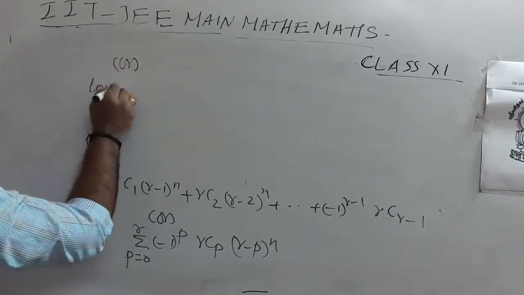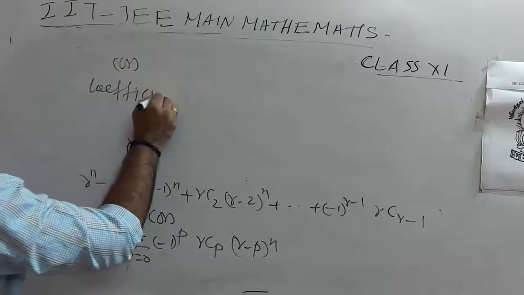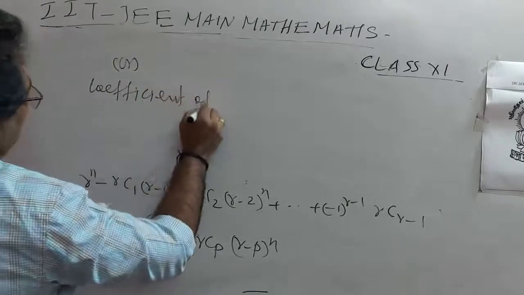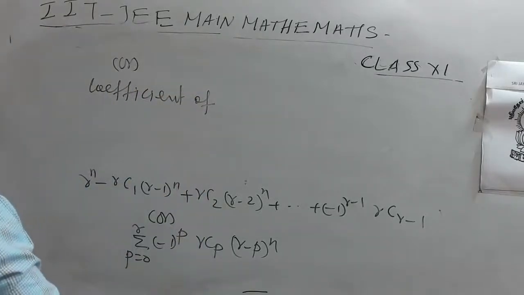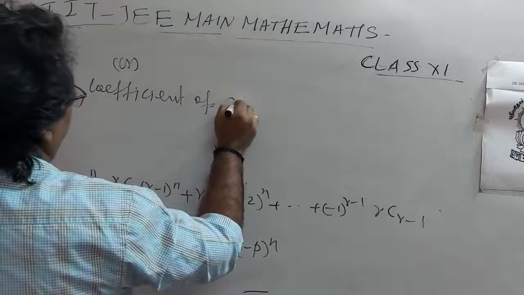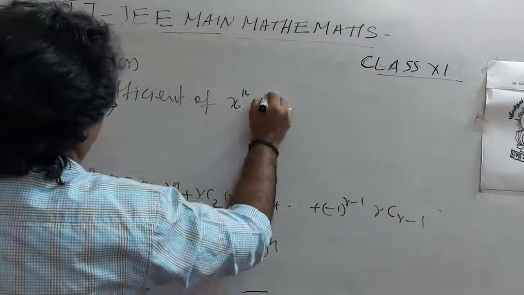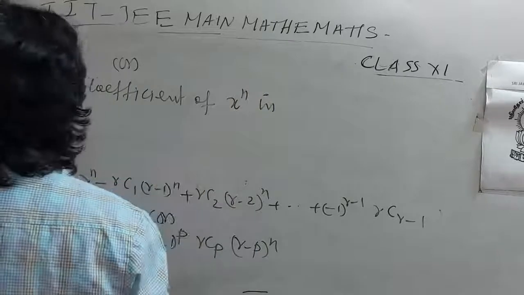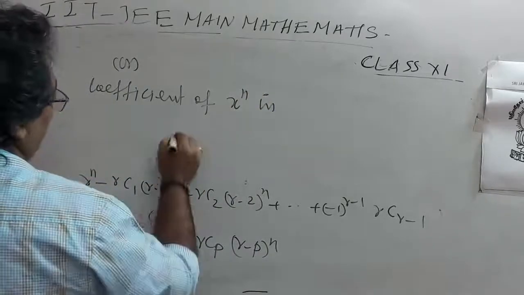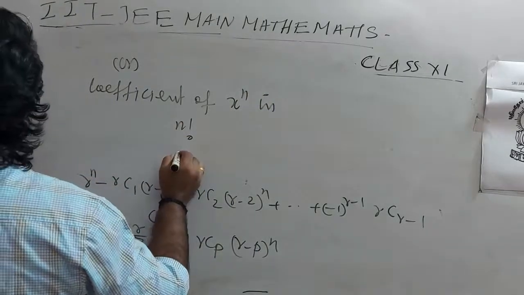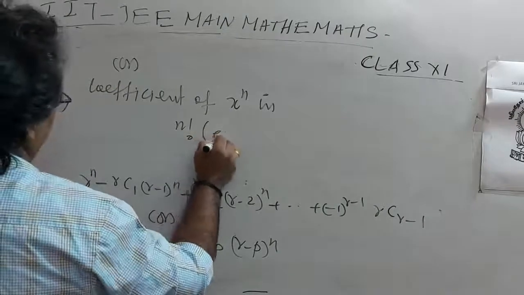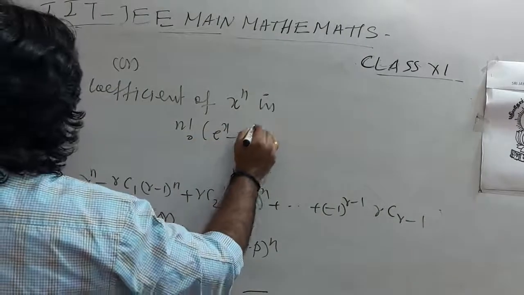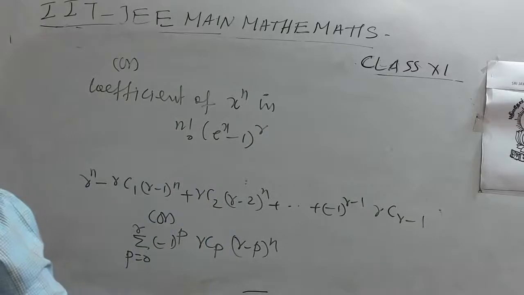Or the coefficient of x power n in n factorial into e power x minus 1 whole power r.